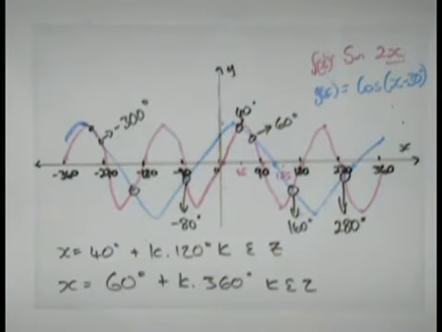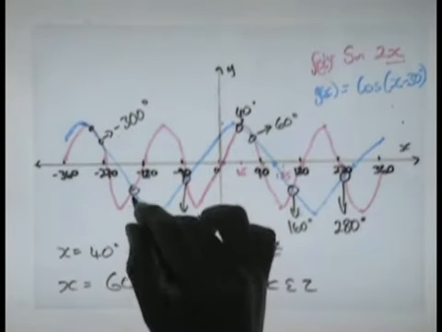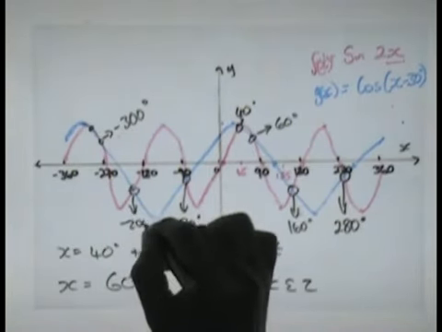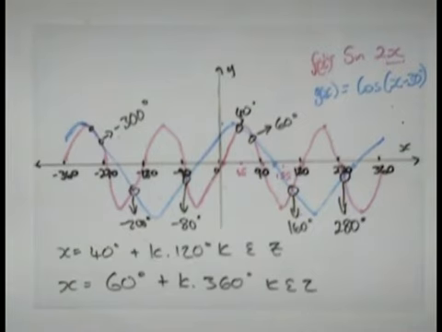When k is equal to negative 2, that's going to be 40 degrees minus 240 degrees, which gives me negative 200 degrees. And those are all of my points of intersection.